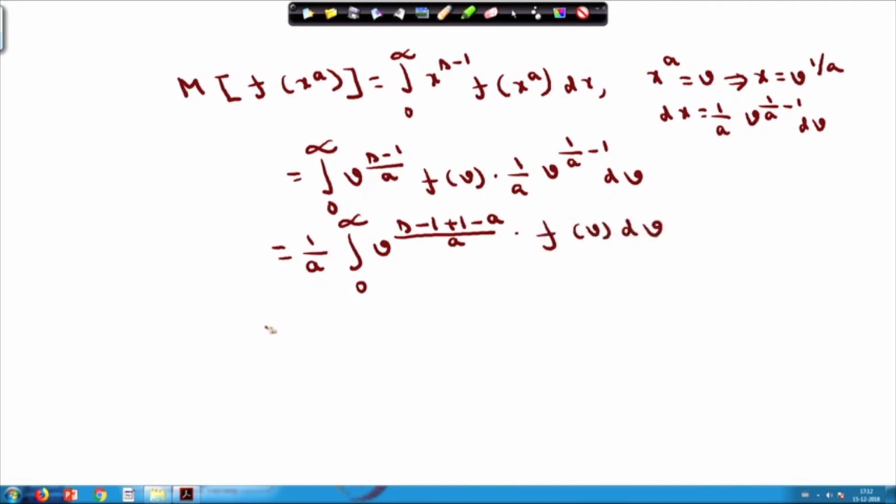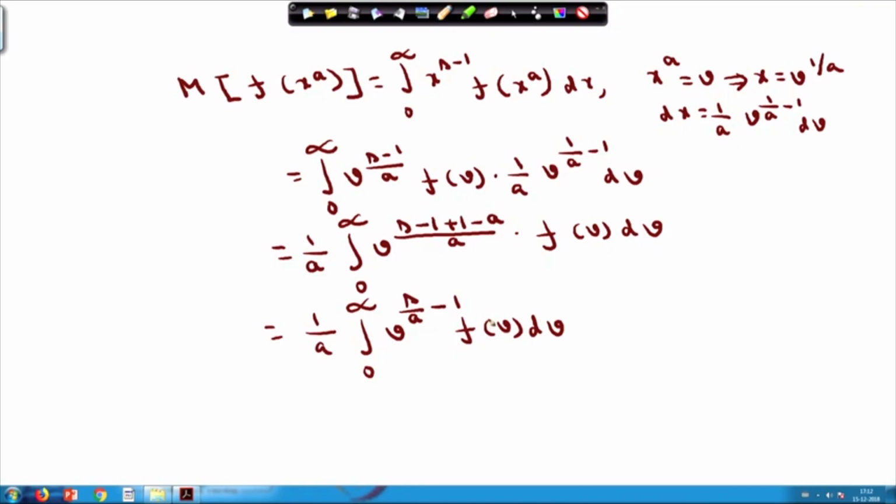After simplification, this becomes v to the power s minus a by a, which you can write as s by a minus 1, into f of v dv. Now you see this integral, 0 to infinity v to the power s by a minus 1 into f of v dv, is nothing but, from the definition, the Mellin transform of the function f.